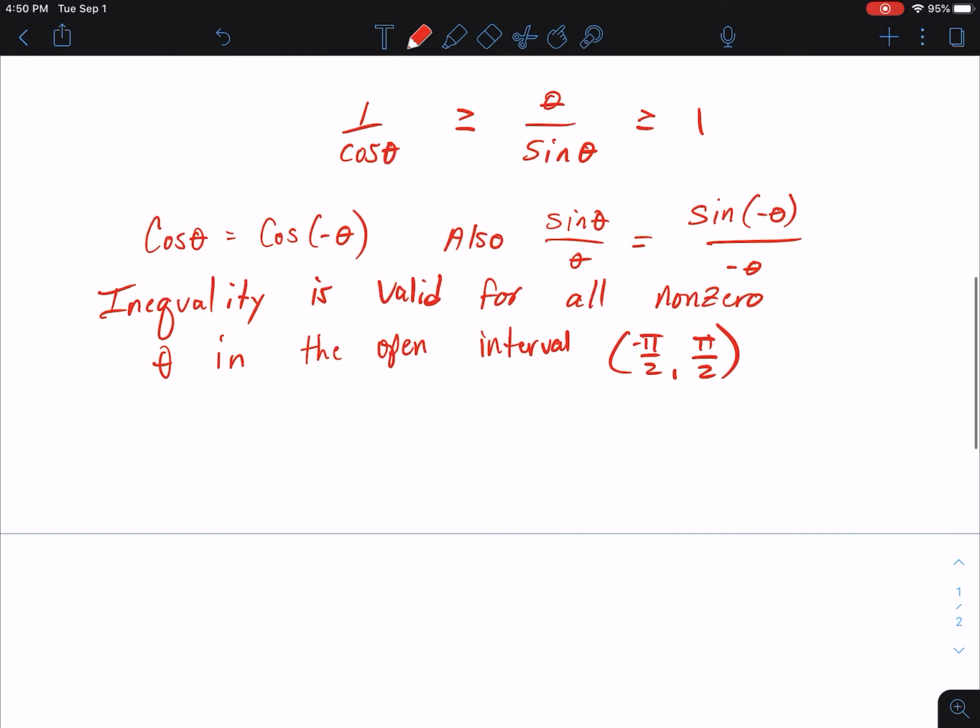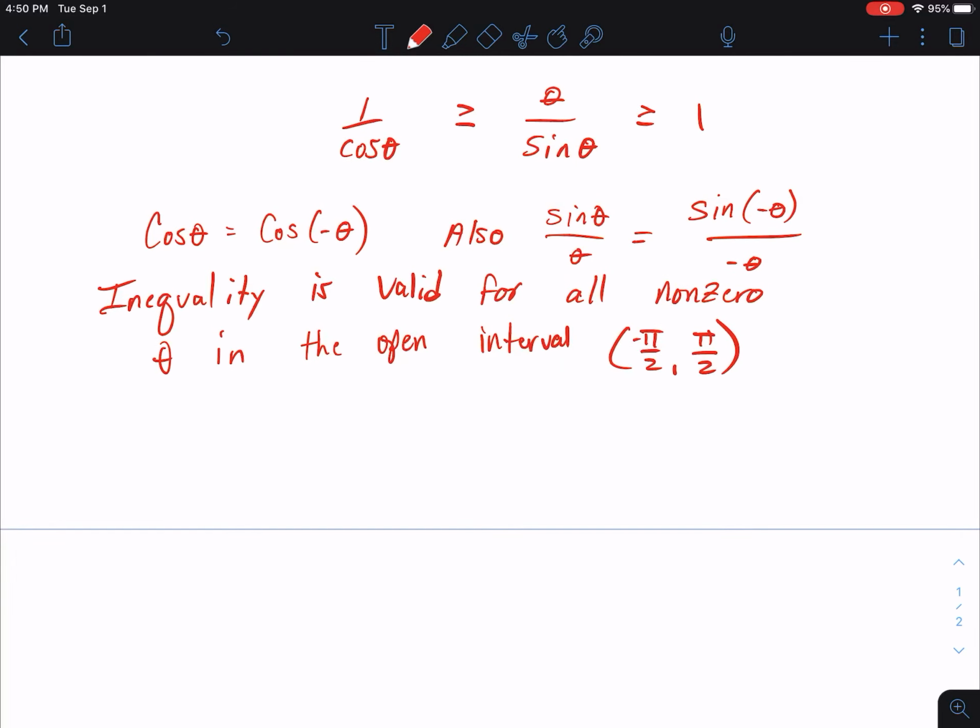Okay, so we have this 1 over cosine theta greater than or equal to theta over sine theta greater than or equal to 1. So then if we decide to take the reciprocal, that's going to give us cosine theta.